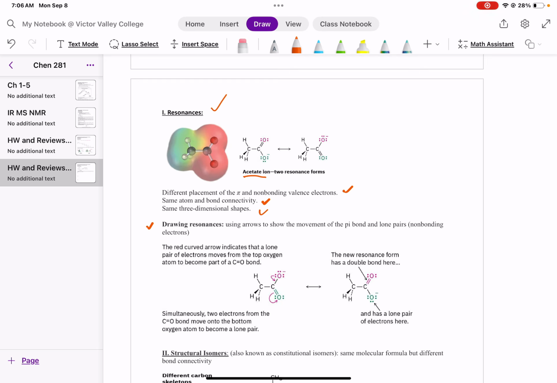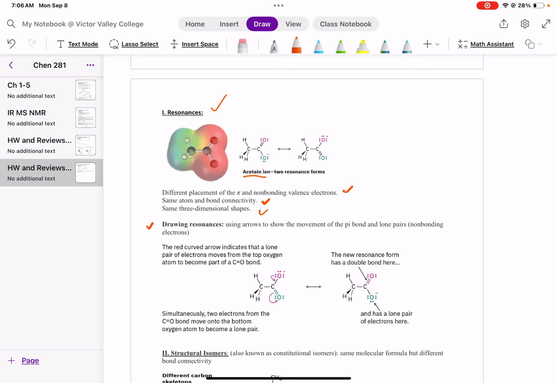Okay, that would be isomers. Maybe that would be resonances, but maybe conformations. That's actually better, which we're gonna get into in chapter 3.